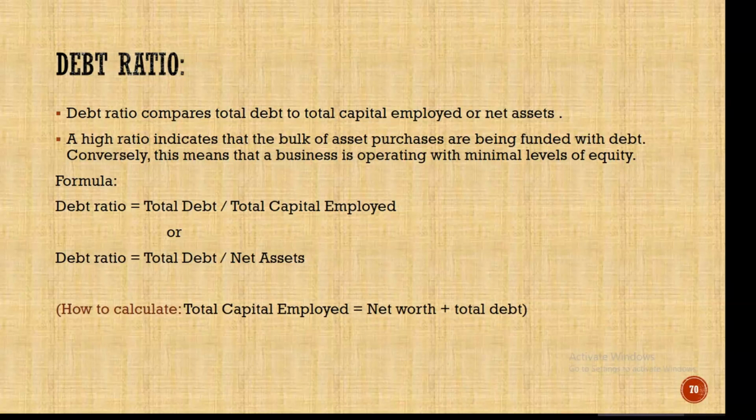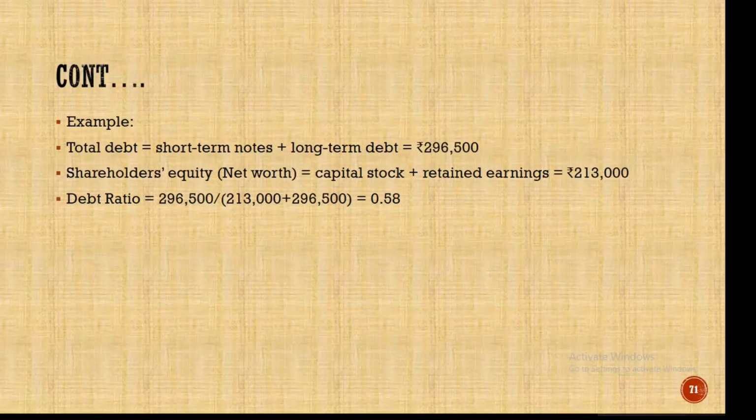So how to calculate total capital employed? The formula is net worth plus total debt, which will give you total capital employed. For example, here the total debt given is rupees 2,96,500, which is the addition of short-term notes and long-term debt.